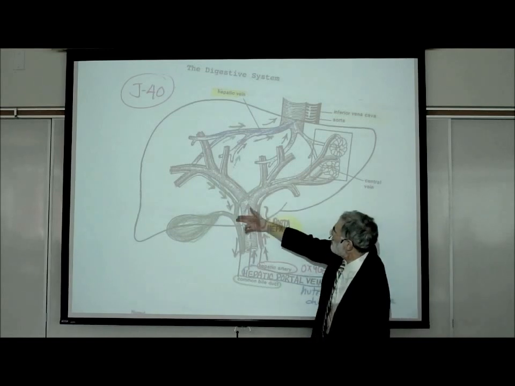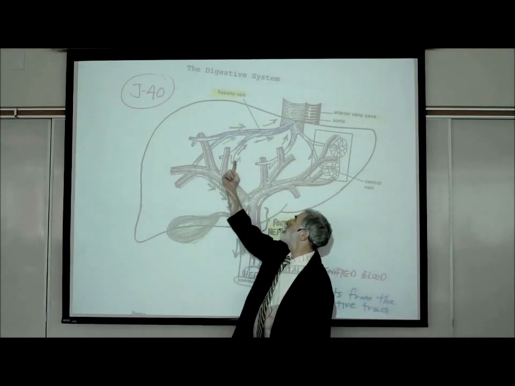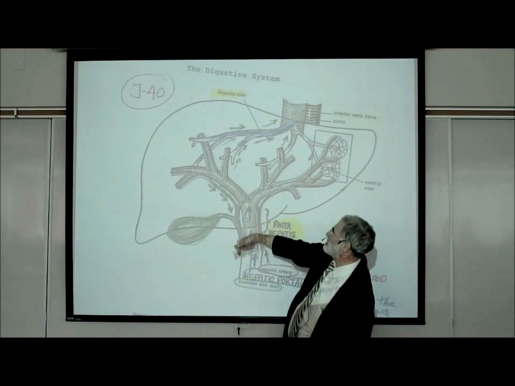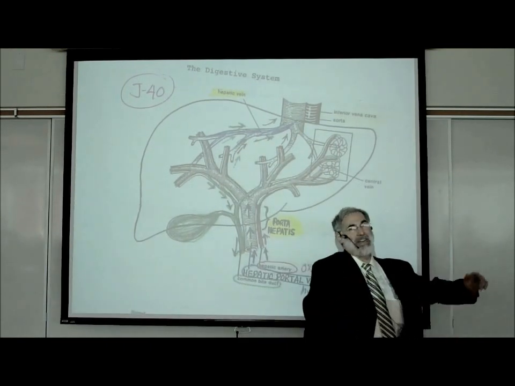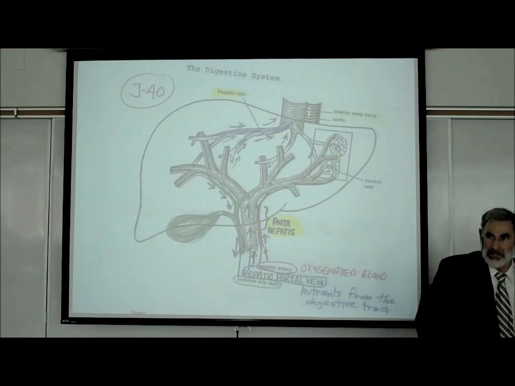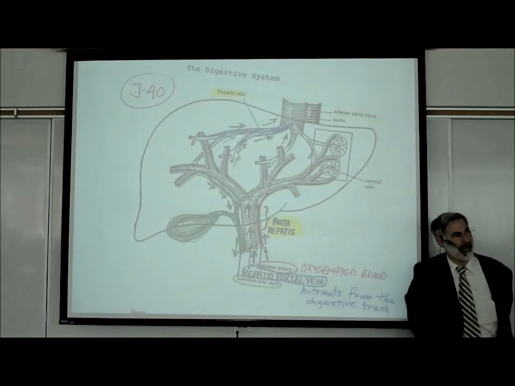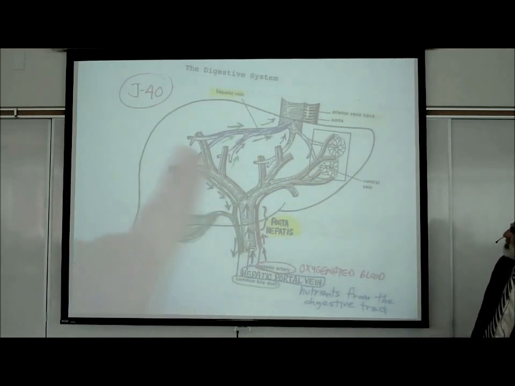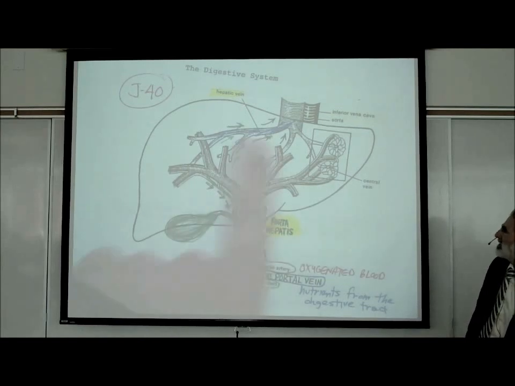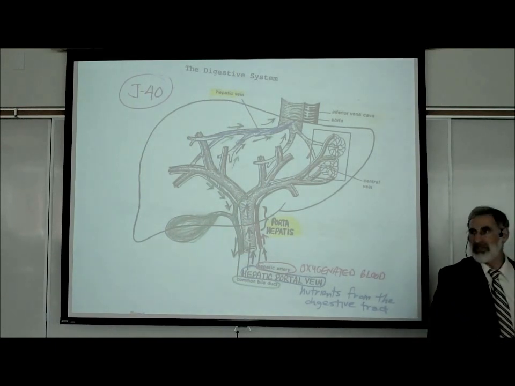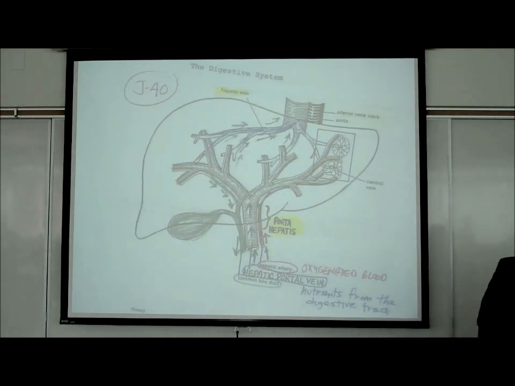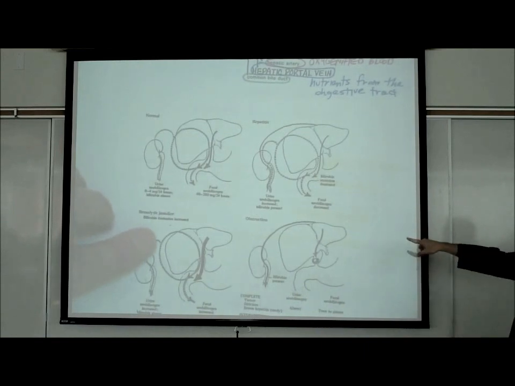So if there's a blockage in the bile duct, since the bile can't go down to the small intestine, it backs up and enters the bloodstream, and that causes jaundice when the bilirubin starts going into the bloodstream. So anytime there are diseases or disorders in the liver, the bile starts to go into the bloodstream. That causes hyperbilirubinemia, manifested as jaundice. All of these things I've talked about are summarized at the bottom.